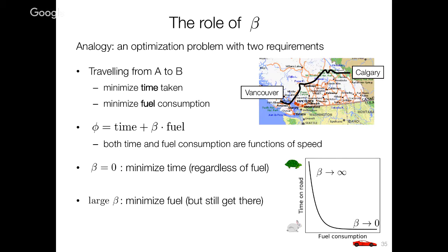Here's our attempt to put everything in a totally different context, but still show the same basic elements. So imagine that you're traveling from point A to point B. This slide was made when we were in Vancouver, so we're going to travel from Vancouver up to Calgary, and we've got an optimization problem here in the sense that we want to minimize the amount of time taken.